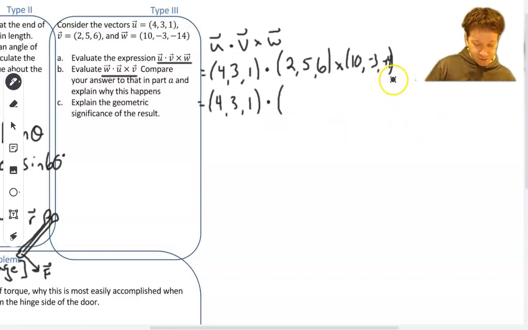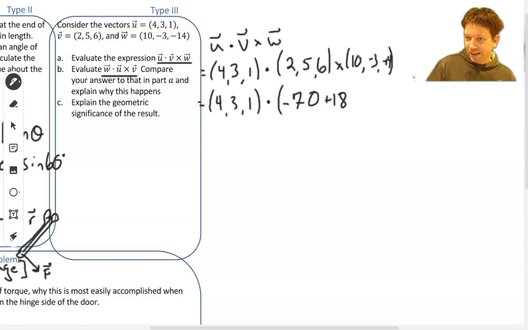Okay, so first, for our x-coordinate, we're going to have minus 70 plus 18. And I just get that by doing 5 times negative 14, and then subtracting 6 times negative 3, which turns into a positive with the double negative.